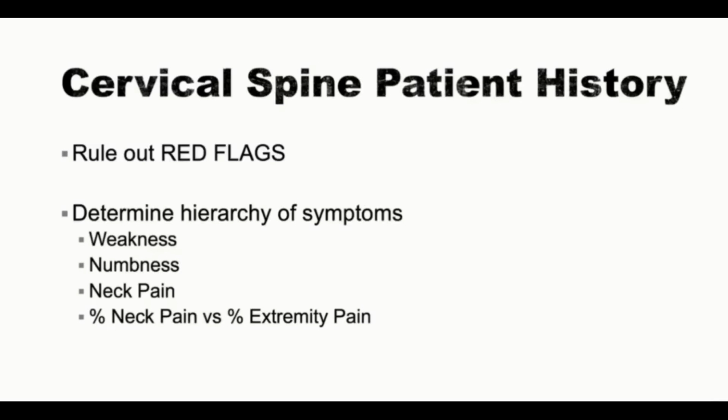If we get down to that point, and the patients generally are presenting with some degree of extremity pain, or extremity symptoms, whether it's radicular pain, paresthesias, neuropathic pain, and they also have neck pain, then you have to start triaging what's bothering them the most. Assuming that there weren't any big red flags, you have to decide what's bothering them the most, and that can target what you want to address with your treatment plan.